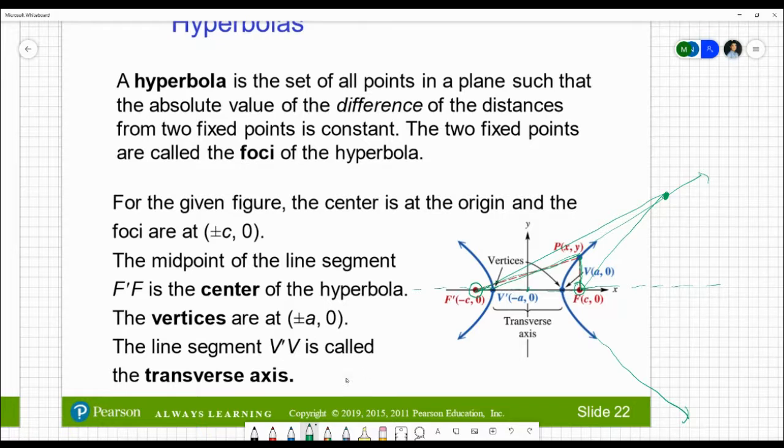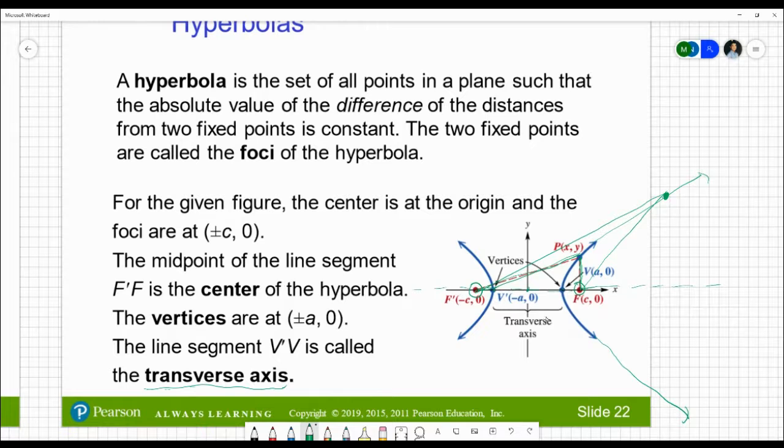The segment from V prime to V, from one vertex to the other vertex, is called the transverse axis. Think of that as your axis of symmetry if you extended it to a line.